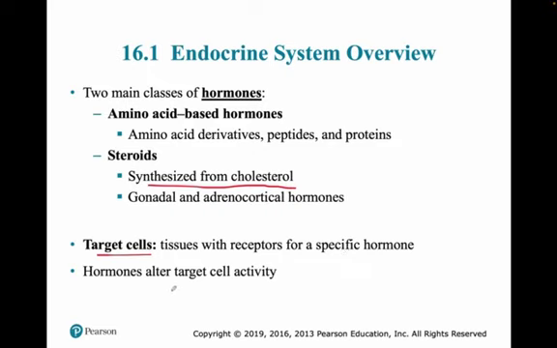And then hormones might alter the target cell activity. That's their job. Suppose this is hormone 1, and it is supposed to act on your thyroid gland, then it is only going to act on your thyroid, or the related cells. It's not going to affect kidney or heart or anything else. So it is very, very specific. This is a characteristic of hormones.